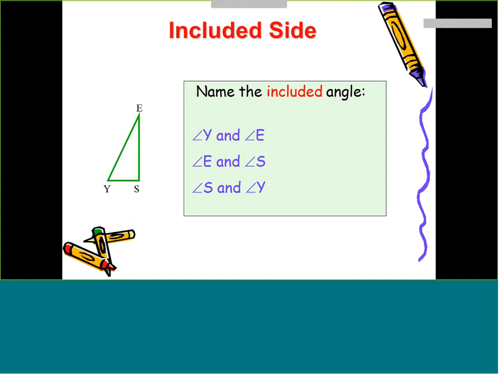So for angle Y and angle E, it would be this segment that lands between them. So it would be segment YE. Between those two angles is segment ES, and between those two angles is segment SY. Now you need to have the two angles and the included side. That's the only way that you can prove triangles congruent by angle, side, angle.